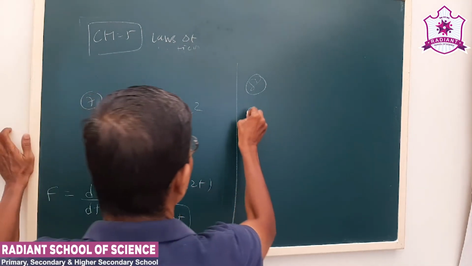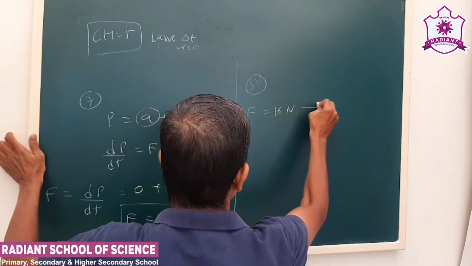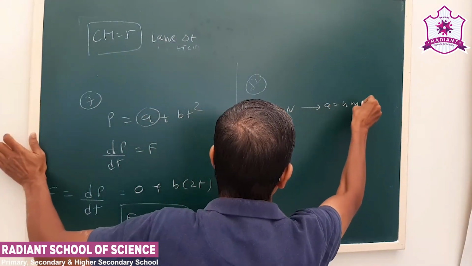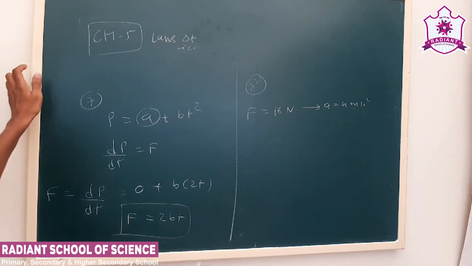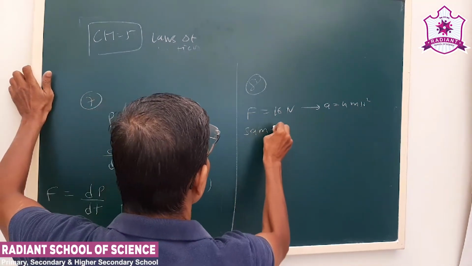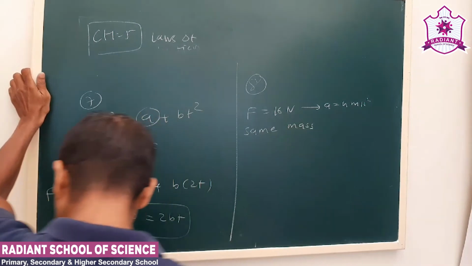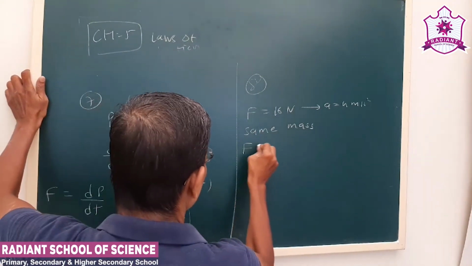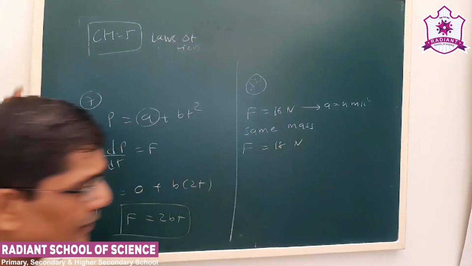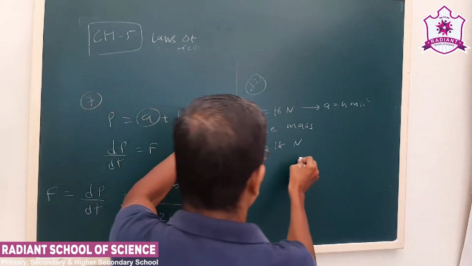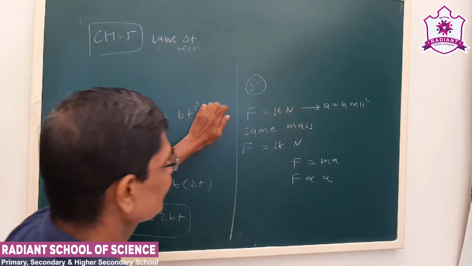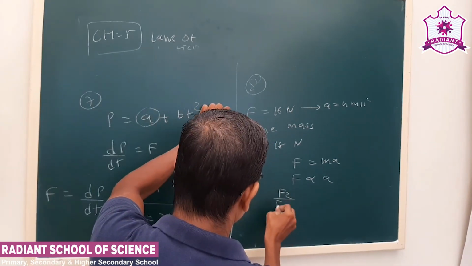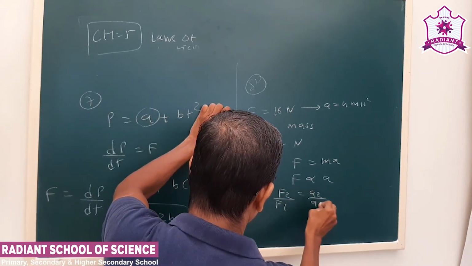See, a force of 16 Newton produces an acceleration of 4 meter per second square. See what is the acceleration produced in the same mass if the force is 18 Newton. Okay, now we know the equation, F is equal to ma. F is proportional to a. So we can say F2 upon F1 is a2 upon a1.